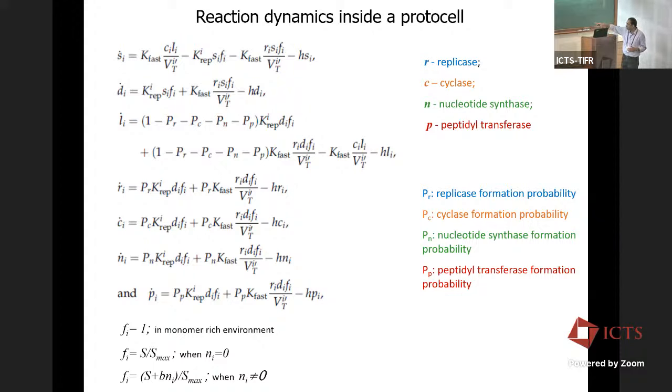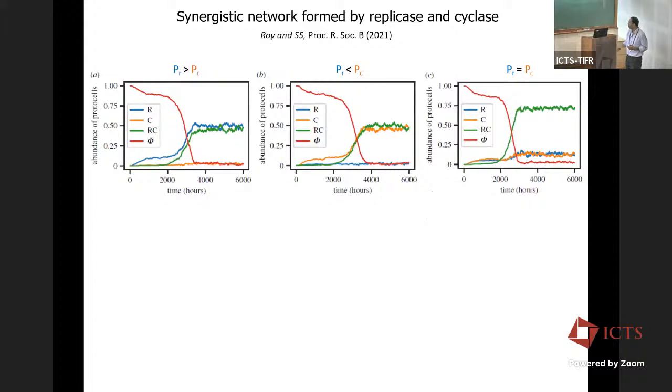And we also looked at nucleotide synthase in situations where the environment was monomer deficient, because all these reactions require a constant supply of monomers. So in environments which are monomer deficient, you need monomers to be created. And so nucleotide synthase would do that. And we also looked at peptidyl transferase, so I'll come to that later on.